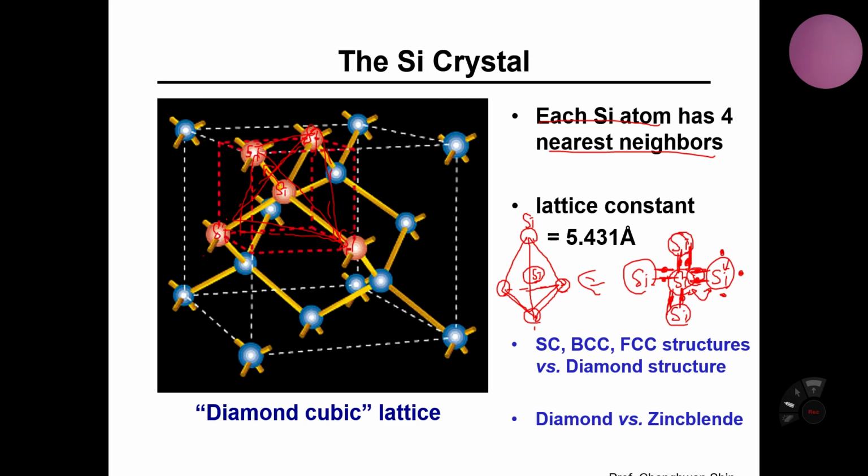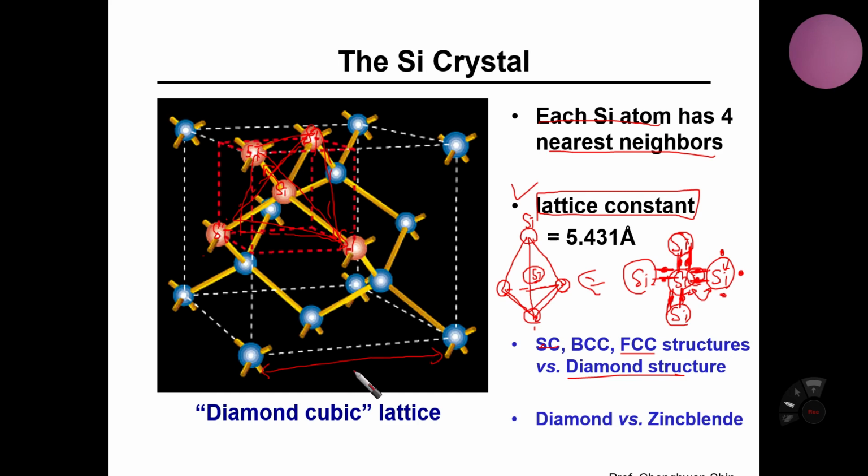Okay, all right. So I have explained the simple cubic, face-centered cubic, and diamond structure. The next one is the lattice constant. What is it? The lattice constant indicates the side length of the unit cell for a crystalline material or for the diamond structure.